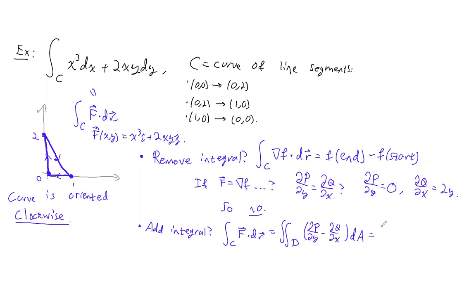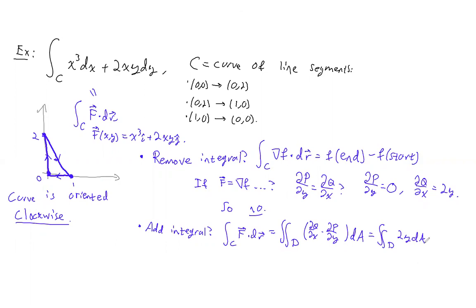Now, I'm sorry, I got this backwards. Shame on me. It's del Q del x comes first, minus del P del y. Which in this case is the double integral over D of 2y dA.